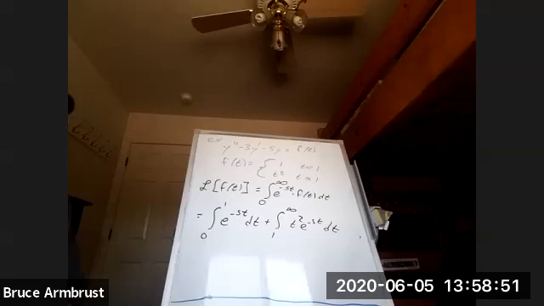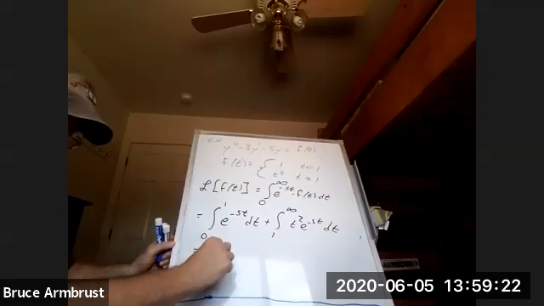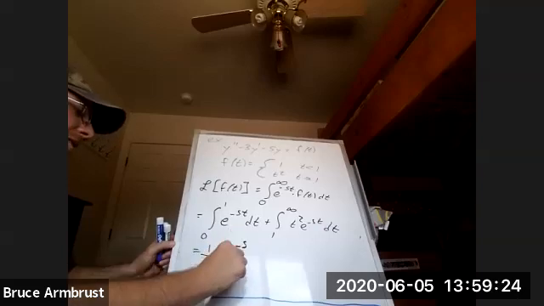All right, so for the first one, if we integrate e to the minus st and we go from 0 to 1, all right, so what we end up with is 1 over s minus e to the minus s over s.